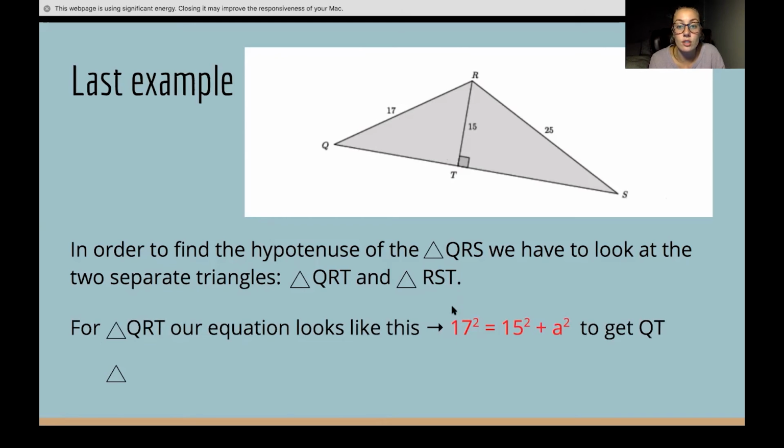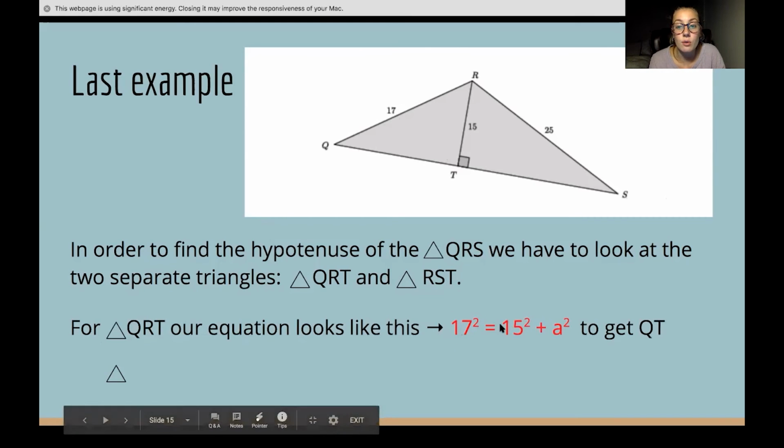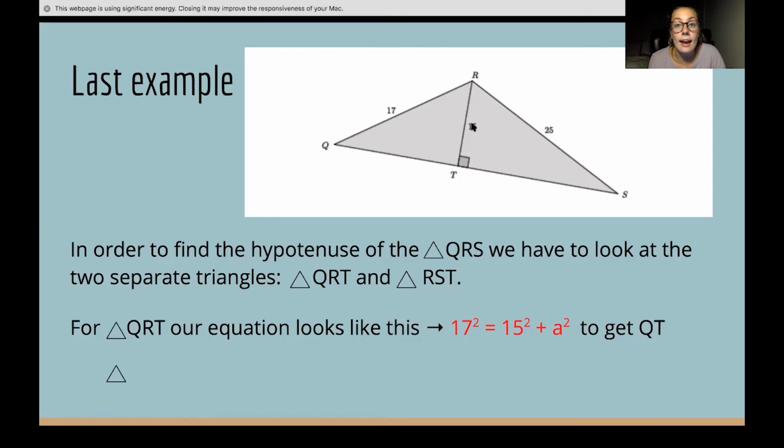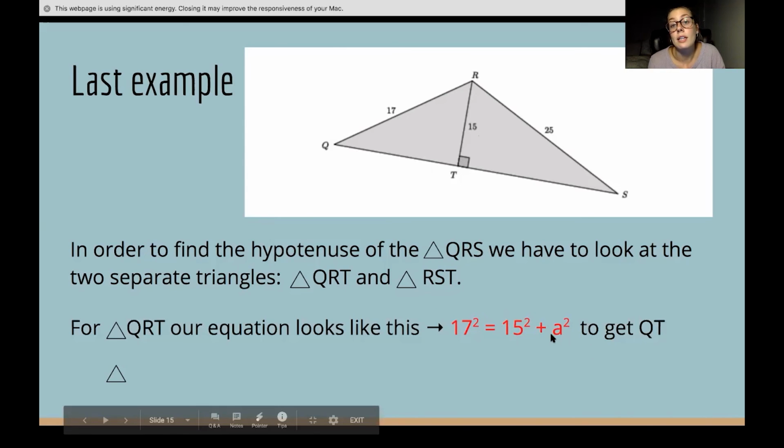So we have our C squared first. C squared equals, we have one leg, maybe it's A, 15 squared. Oh, no, this one's going to be B. Sorry, guys. Plus some other side that we don't know. So that's going to be our A squared to get our QT, to get this side.